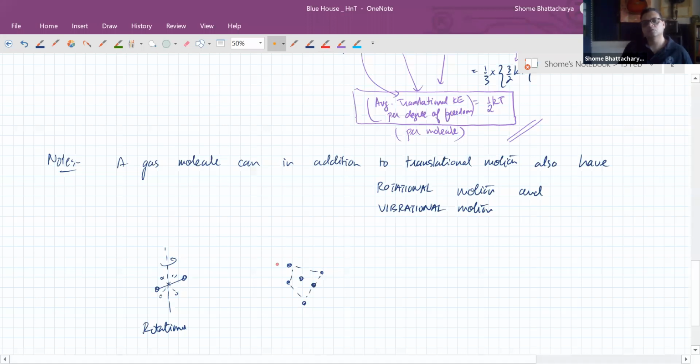It can undergo vibration. Even a simple molecule like this can undergo vibration. So in addition to translation, they can also have rotational motion and vibrational motion.